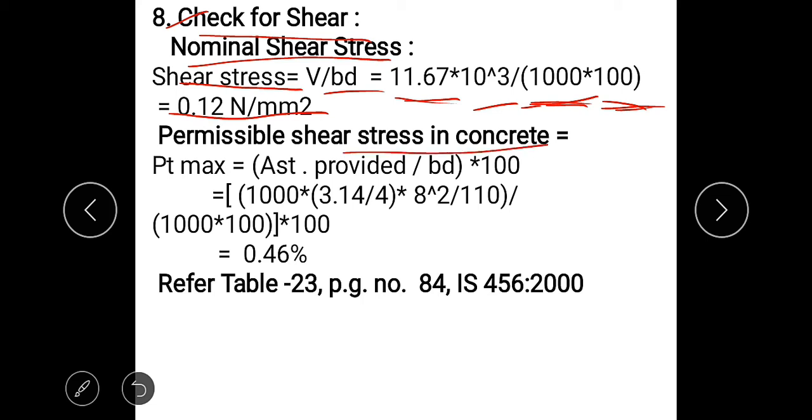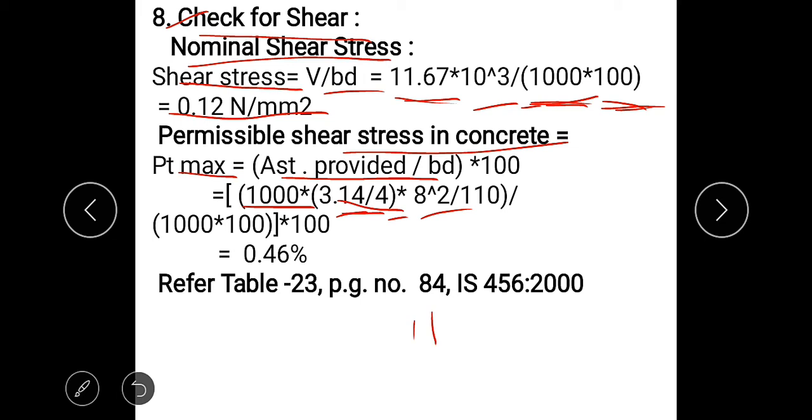Permissible shear stress in concrete depends on PT. The formula is AST provided divided by BD into 100. AST provided formula is pi by 4 into D square, so pi by 4 value is 3.14 divided by 4 into 8 square.